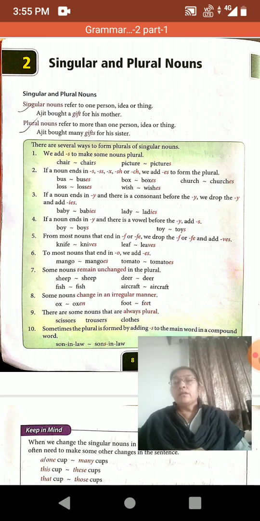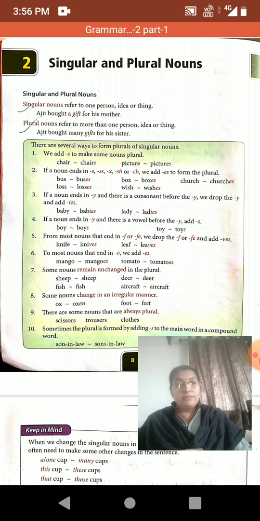Here some forms are given, plurals of singular nouns. We add s to make some nouns plural. Chair, chairs. We add only s and it becomes plural.